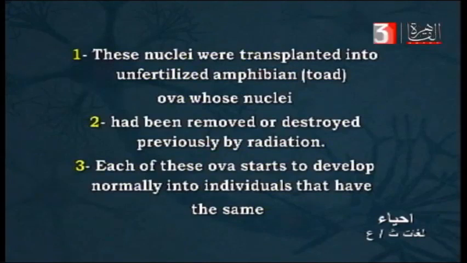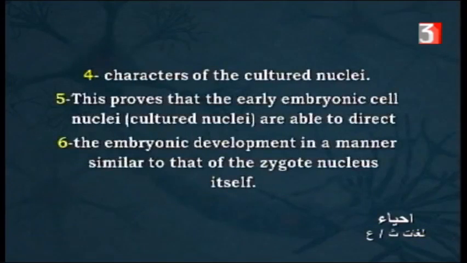Each of these ova started to develop normally into a new individual with the same characteristics as the cultured nuclei. This proves that early embryonic cells or cultured nuclei are able to direct embryonic development in a manner similar to that of the zygote nucleus, and this occurs only in the frog and some amphibians, not in humans.